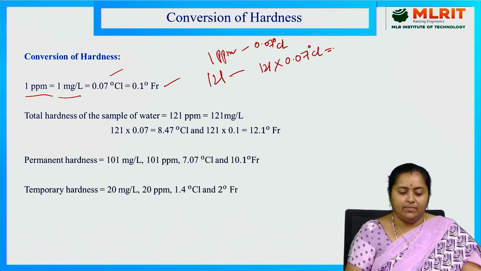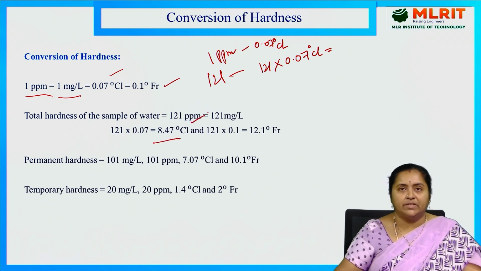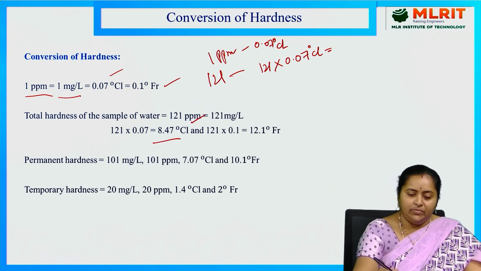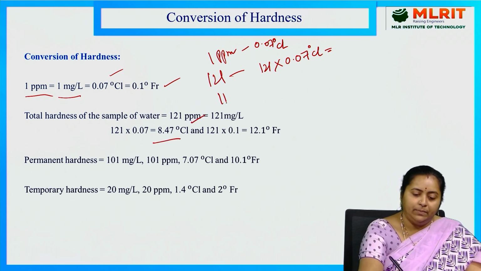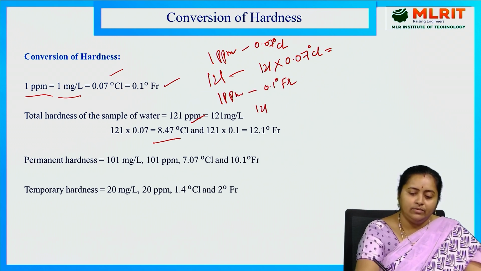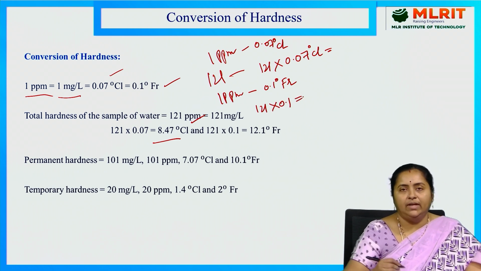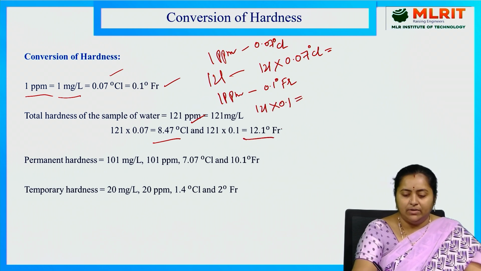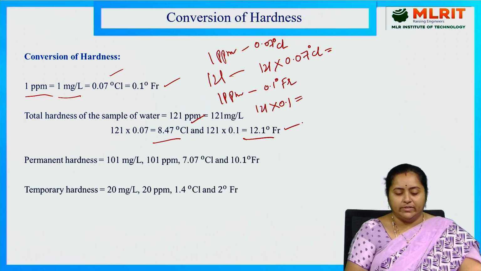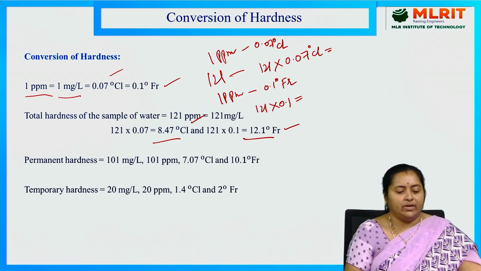So it is becoming equal to 8.47 degree Clark. Same thing, 1 ppm is equal to 0.1 degree French. I just want it for 121. So 121 into 0.1 degree French. So it is equal to 12.1 degree French. So in this way we are going to convert.